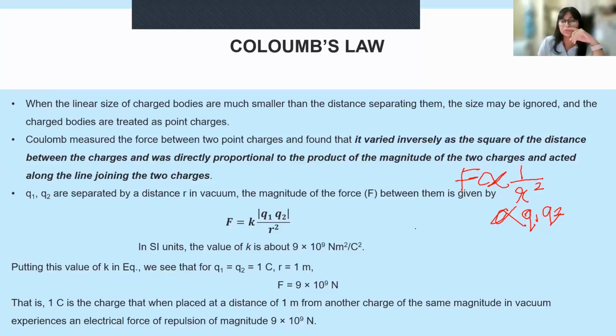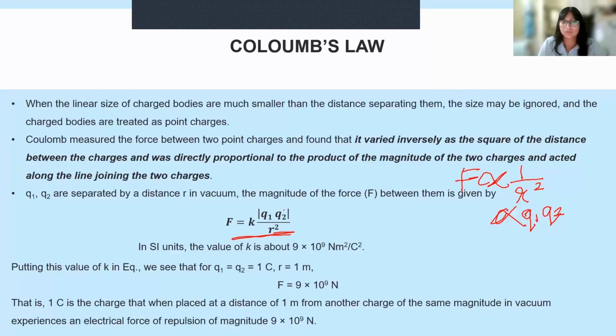So we take a constant of proportionality, that is k, and with that we give this formula, which is Coulomb's law. We say that q1 and q2 are separated by a distance r in vacuum. So the magnitude of the force between them is given by F equals k mod of q1 q2, because one could be minus.